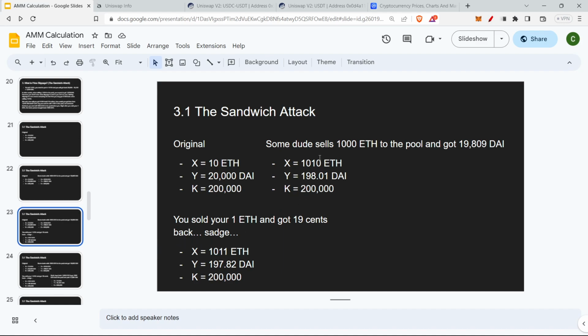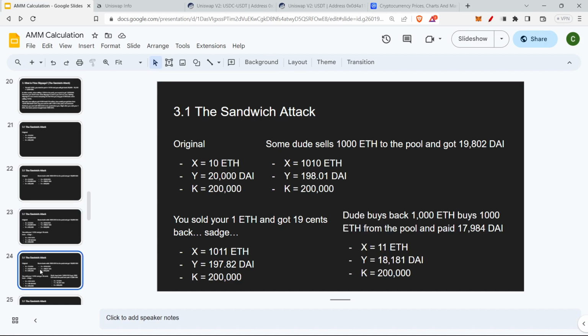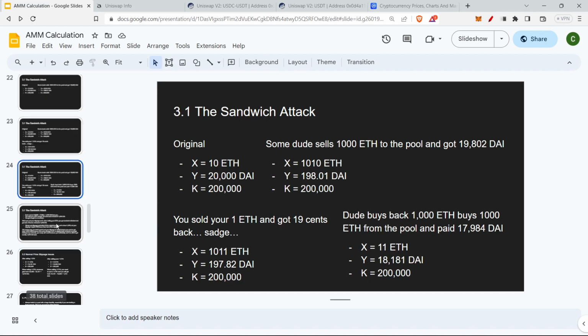Because you sold your one ETH, 1010 becomes 1011, but the Y moves ever so slightly, so you only got back 19 cents. And then he buys back 1000 ETH and pays 17,984 DAI. So this was the intended pool. This was what it was supposed to be. But instead of getting back $1,819, you got back 19 cents.